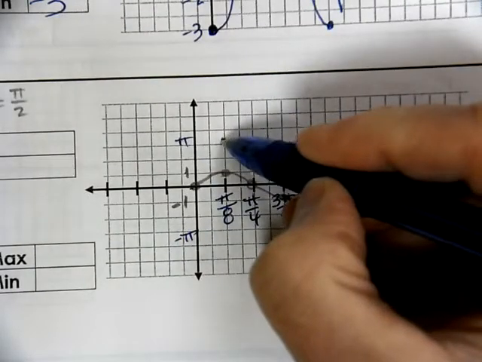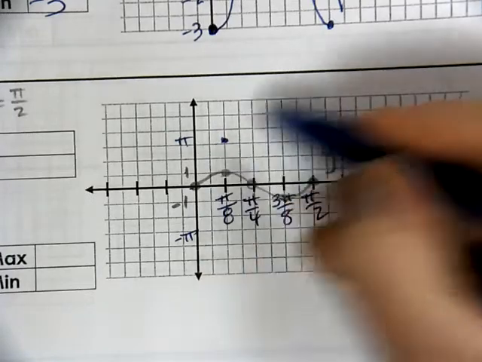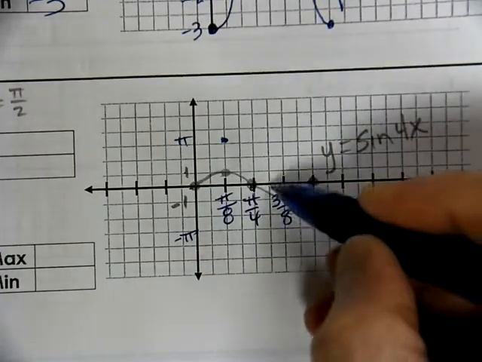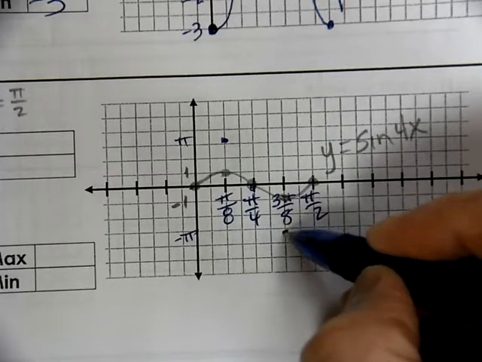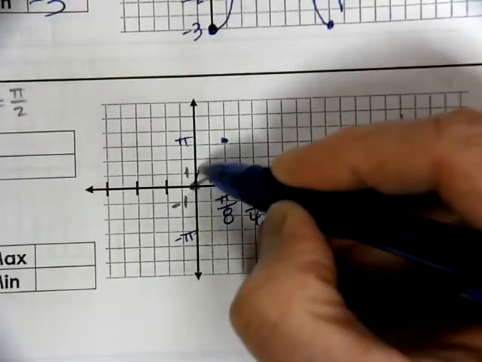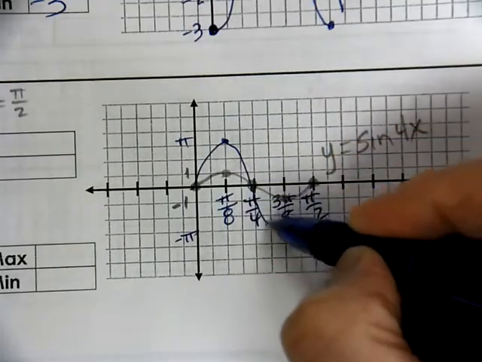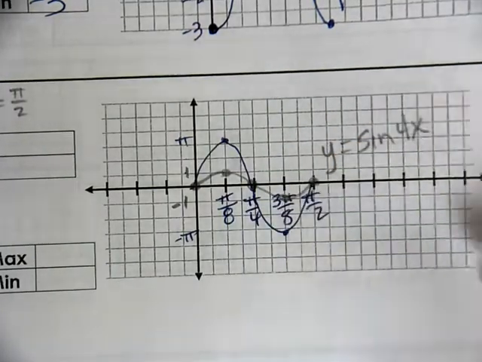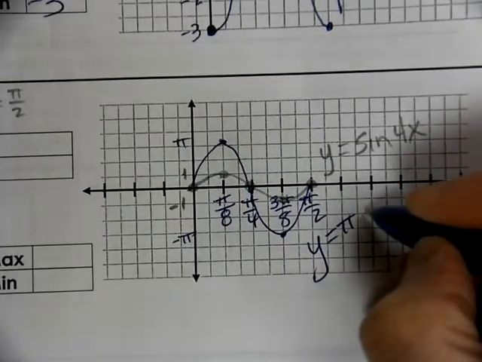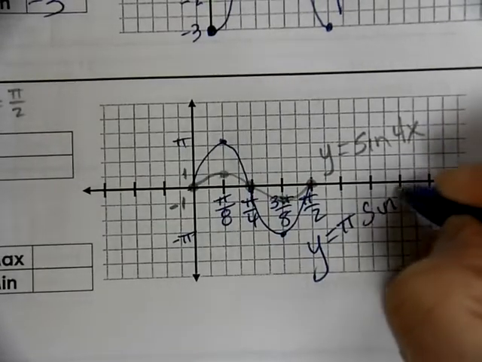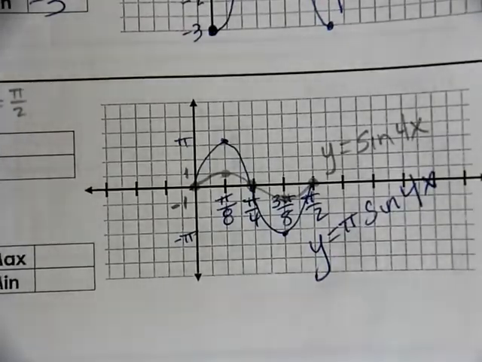So we're going to climb to here, just above 3, just below 3, and back. So that's y equals pi sine of 4x.